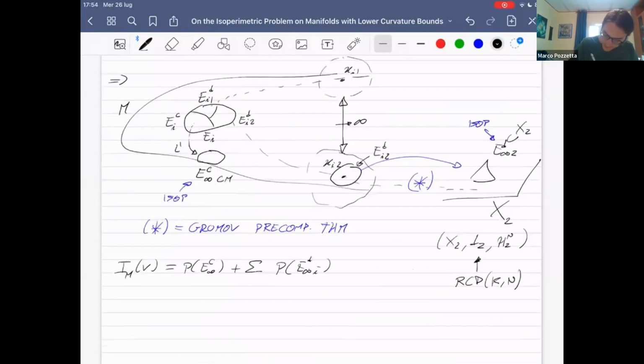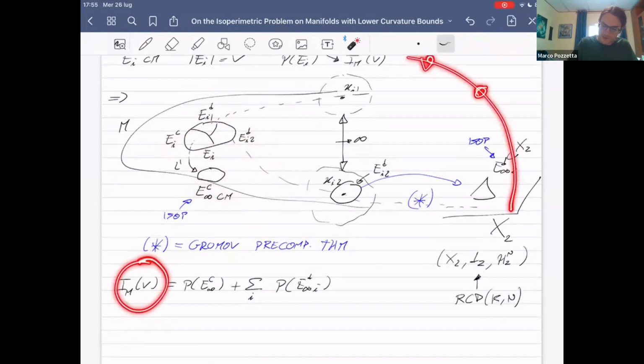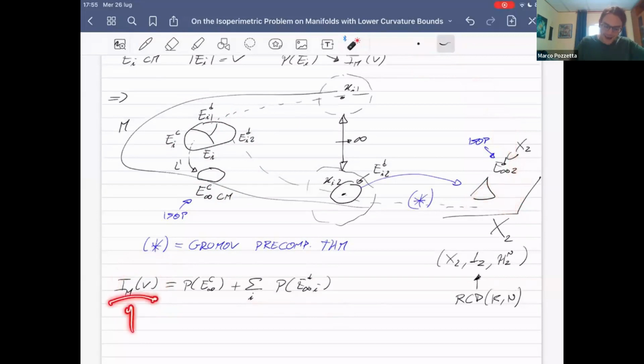So in a certain sense, even if you hadn't isoperimetric sets in the manifold, so maybe E_C infinity was empty, I recover my profile putting together the perimeters of possible limits at infinity. So this sort of disjoint union of pieces at infinity solves, in a generalized sense, my isoperimetric problem.